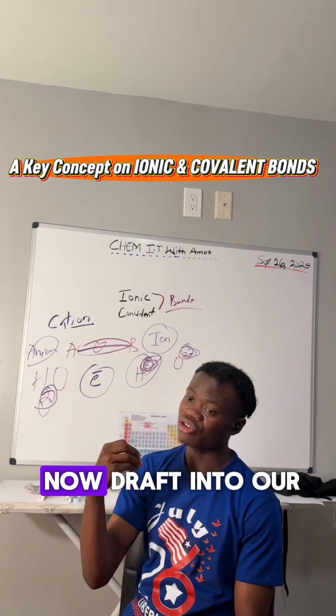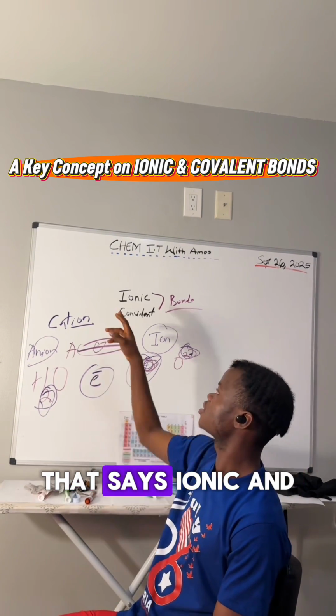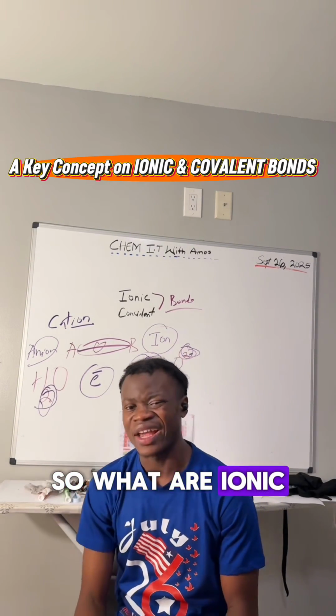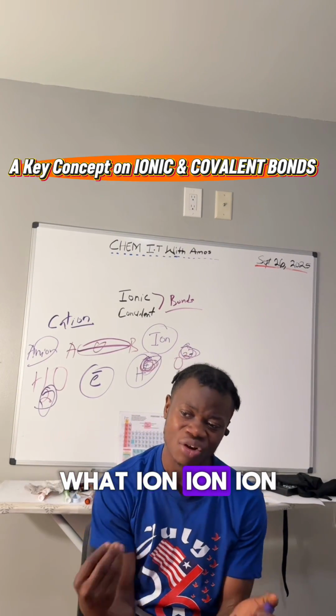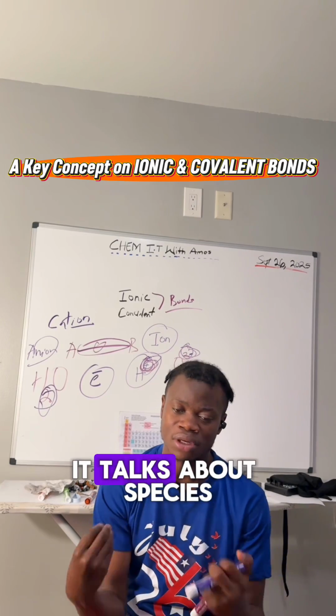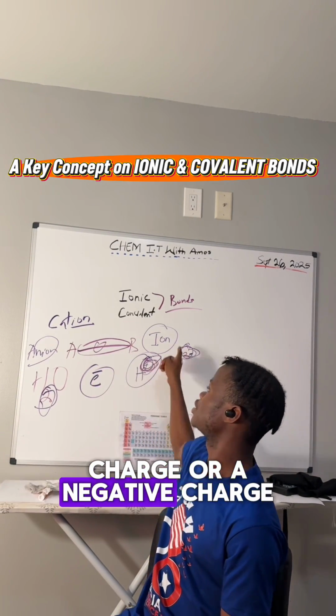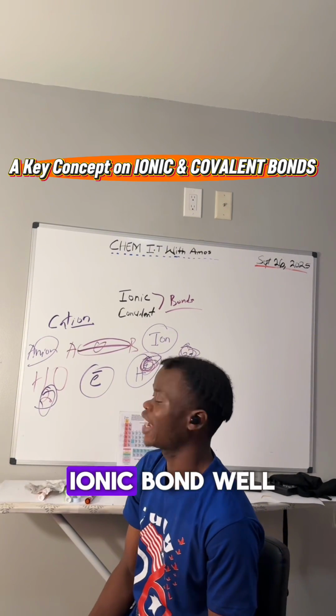Now we can go into our main topic, ionic and covalent bonds. So what are ionic bonds? Ion talks about species with either a positive charge or a negative charge. So what is an ionic bond?